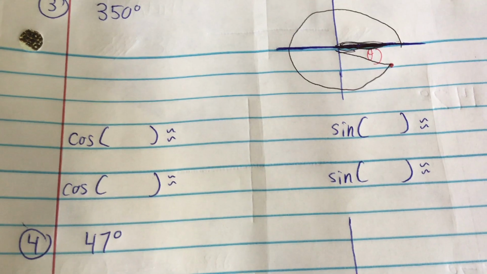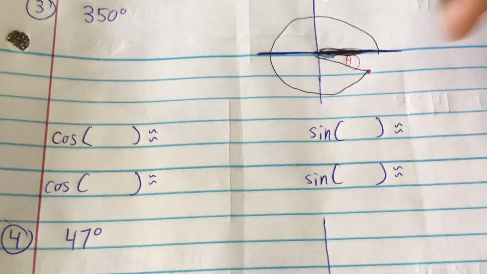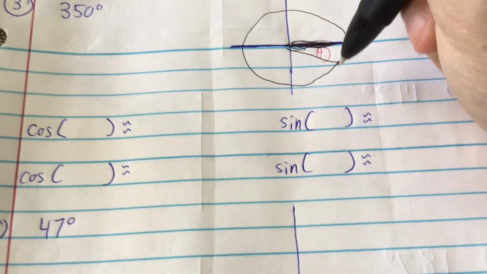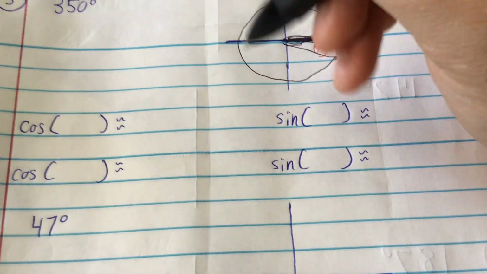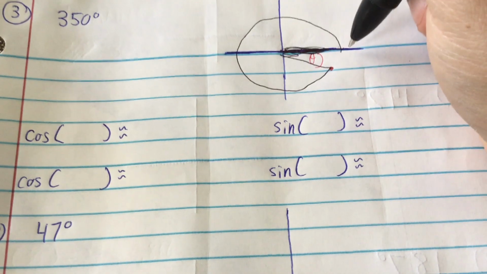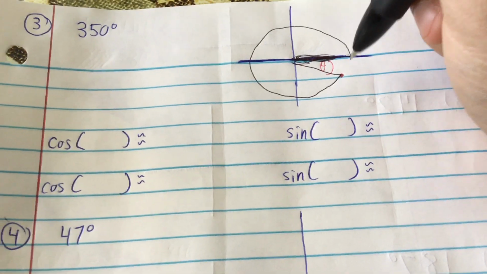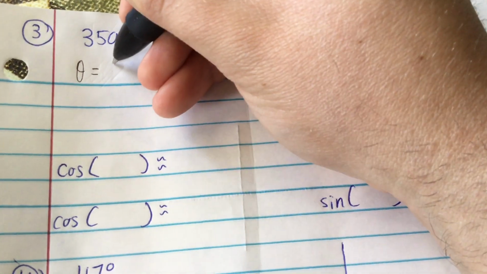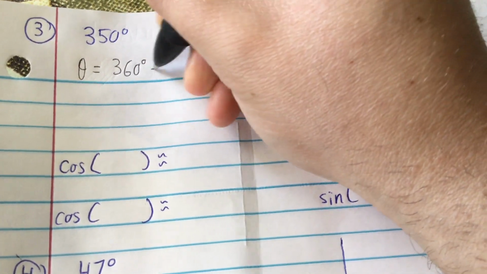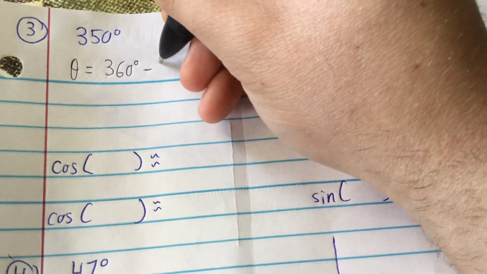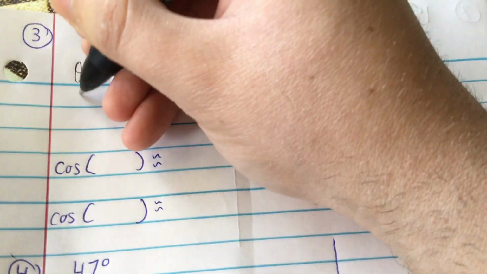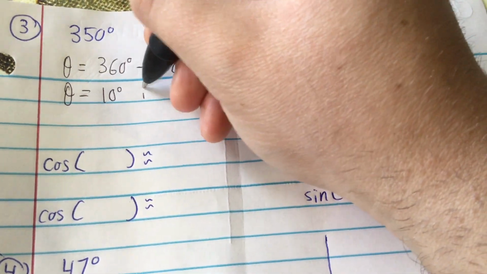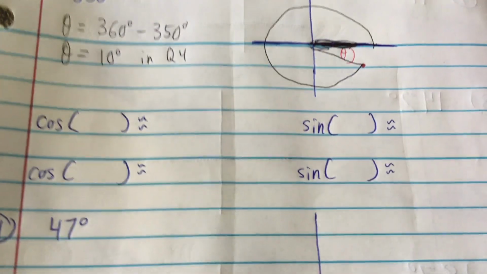So I use my quadrant 4 formula, or I notice that in order to complete this circle, I need 350 degrees plus angle theta to complete a full rotation. Therefore, this angle theta can be found by taking 360 minus the given quadrant 4 angle. 360 minus 350 is 10 degrees, and we are in quadrant 4.